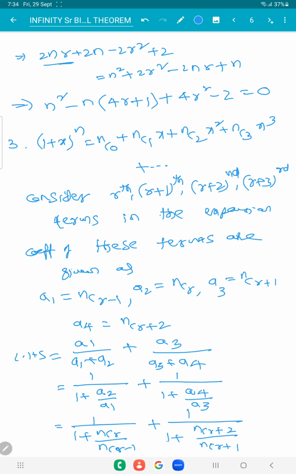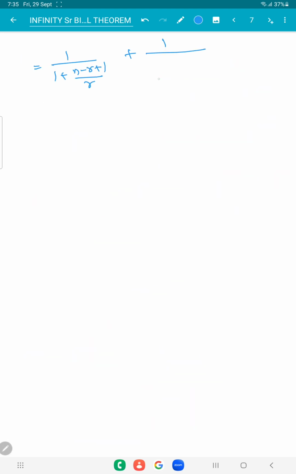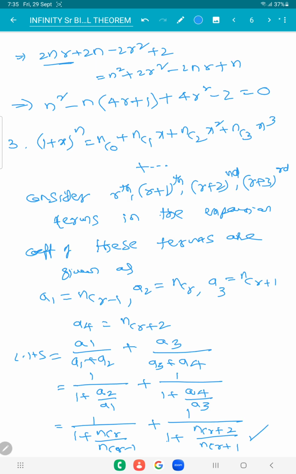Apply the same formula that I told. So that is equal to 1 by 1 plus (n minus r plus 1) by r, plus 1 by 1 plus, what is that? nCr plus 2 by nCr plus 1, (n minus r plus 1 plus n minus r minus 1) by the bigger number, which is r plus 2.